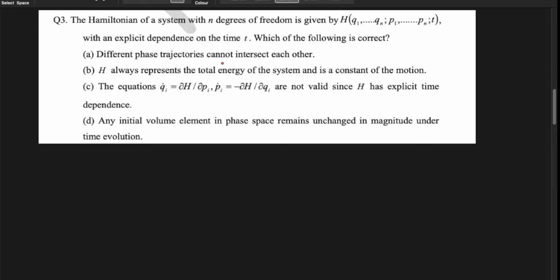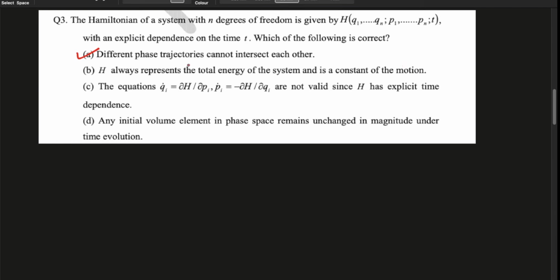Different phase trajectories cannot intersect each other. This is a very true statement. That is definitely true, the trajectories cannot intersect each other. H always represents the total energy of the system and it is a constant of motion.